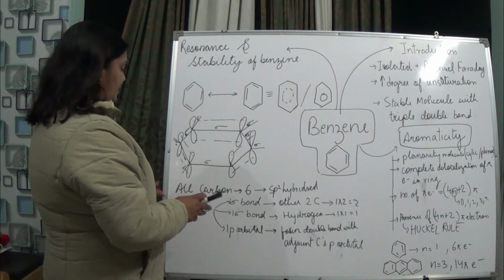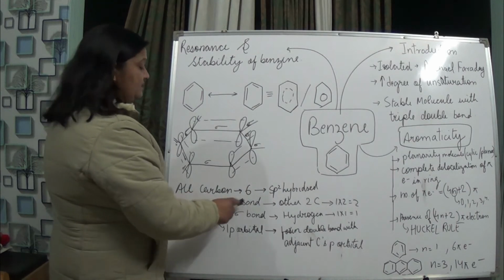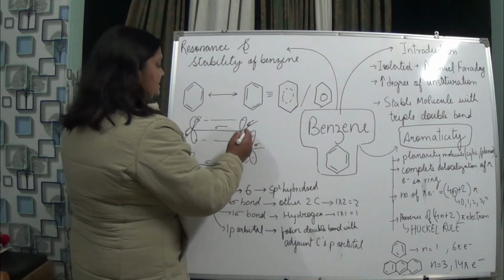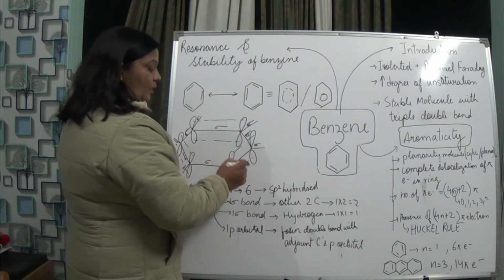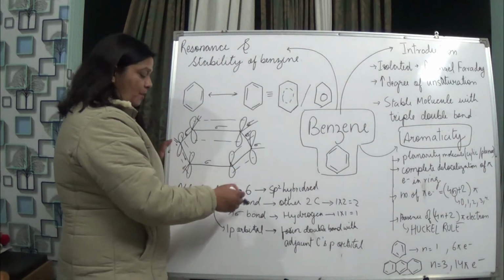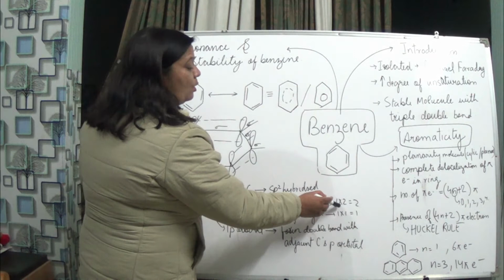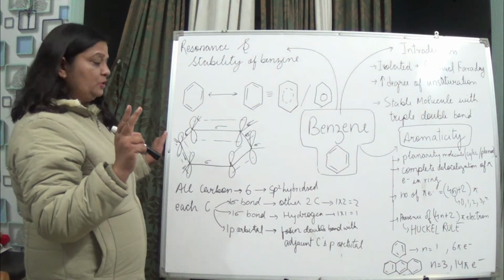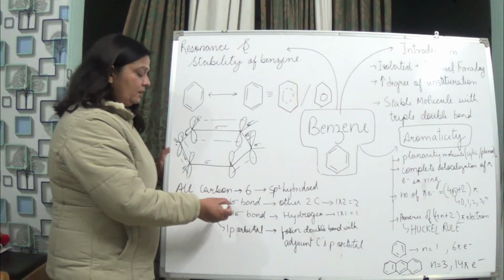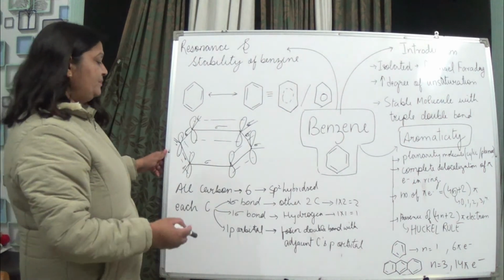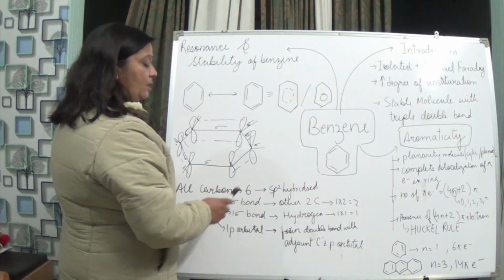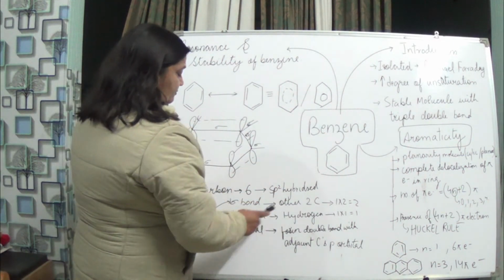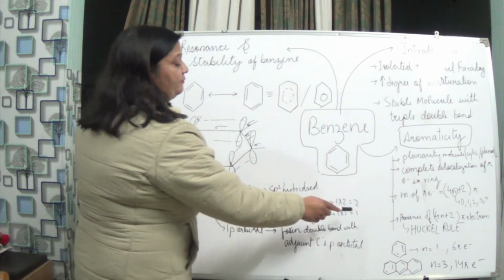Now each carbon atom forms one sigma bond with each of the other two adjacent carbons, so totally we see 1 into 2, that is 2 bonds, with 2 electrons forming a sigma bond between carbons. Another sigma bond is formed with the electron of hydrogen, thereby that one is completed.